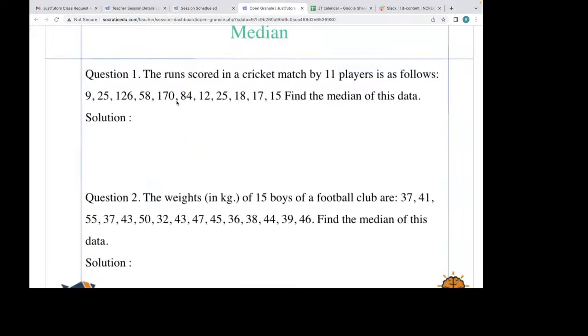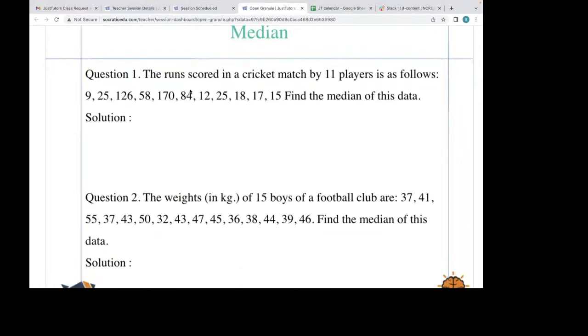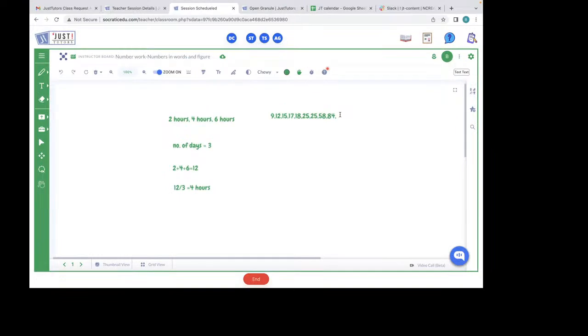इसके बाद आता है हमारे पास 58, then we have 84, इसके बाद है हमारे पास 84 से बड़ा कौन सा है, 126 and then 170. ओके, हो गए हमारे कितने नंबर?